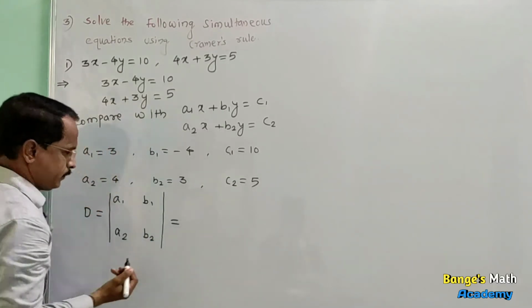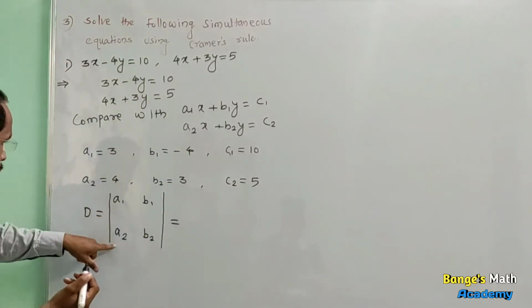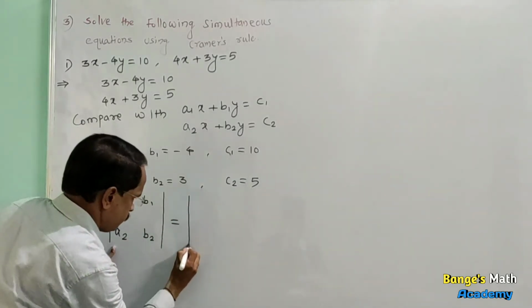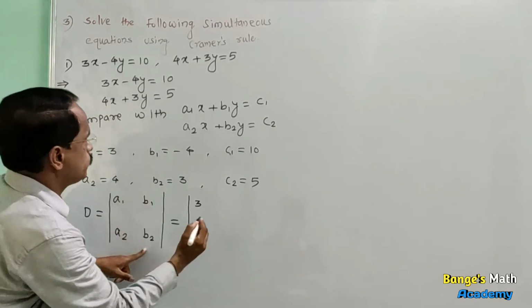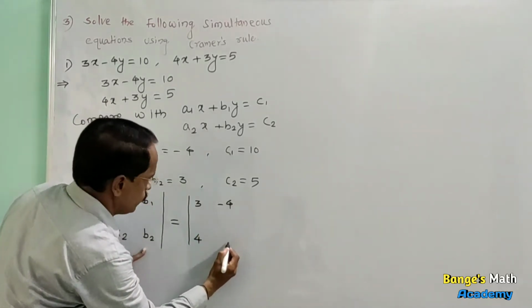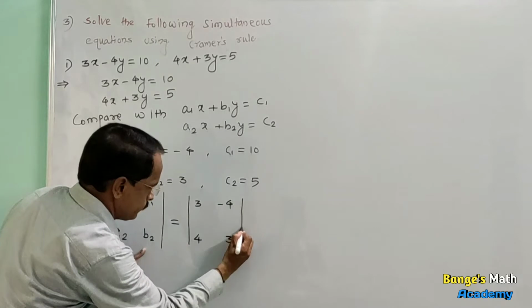Put the values of a1 and a2, 3, 4, and the values of b1 and b2, minus 4, 3.